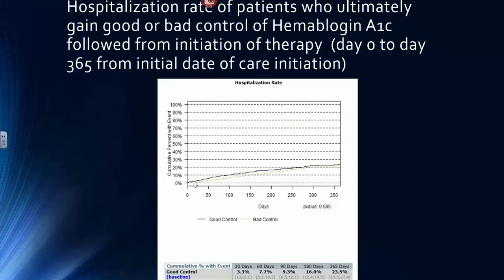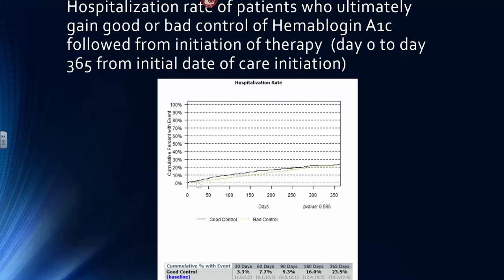For those of you who saw this graph as a result of the class exercise, you actually were not following people from the moment of their good or bad control, but you were following those people from their original diagnosis of diabetes, some who were ultimately fated to be in good control, and some who were ultimately fated to be in bad control.